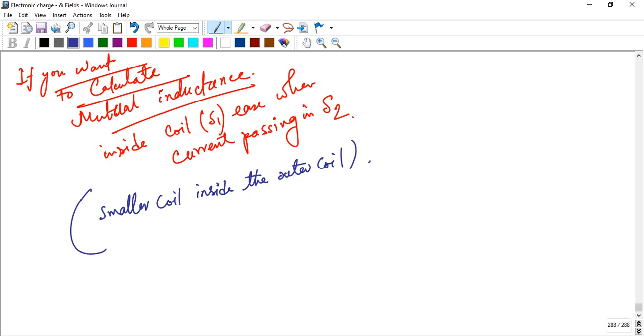But the reverse case is the important one. In the reverse case it is difficult to calculate the flux linkage of the outer solenoid when current passes through the inner solenoid. Calculating the magnetic flux linkage at that time is very difficult.